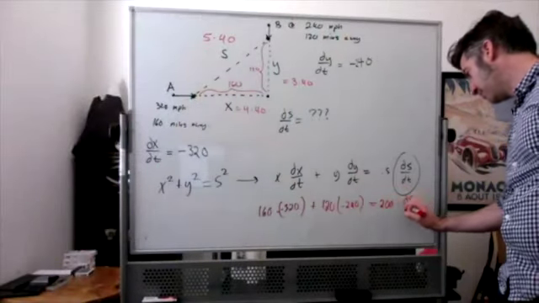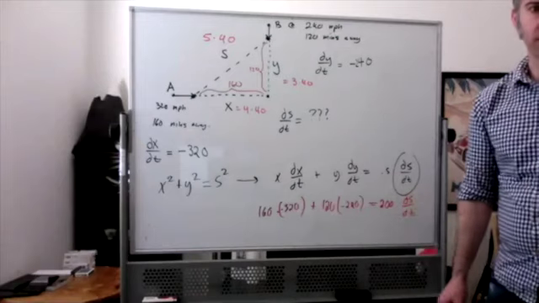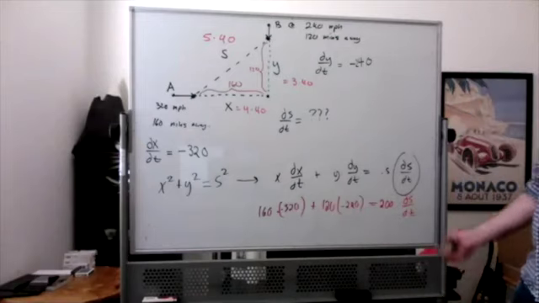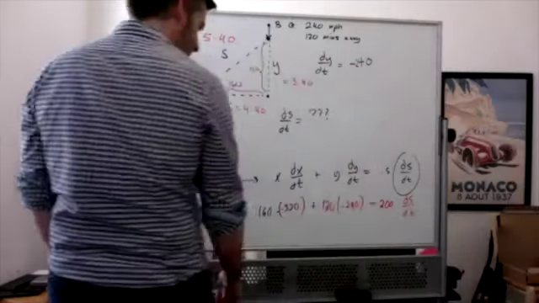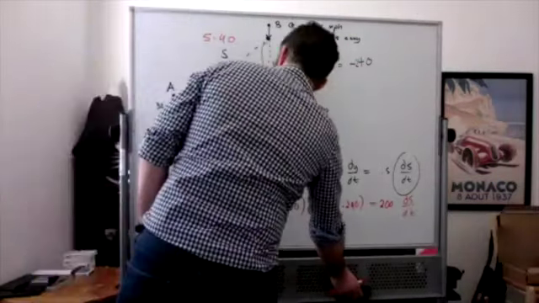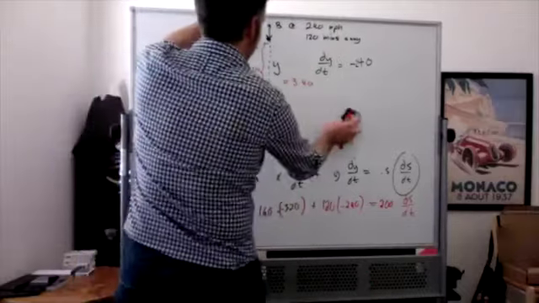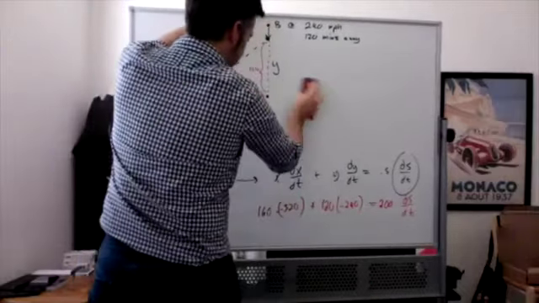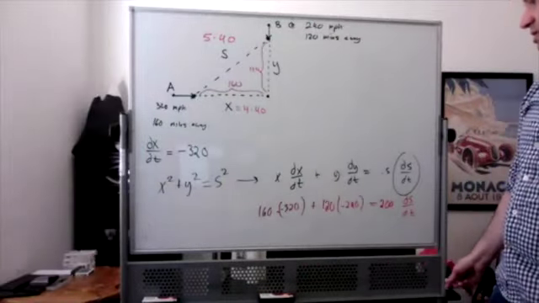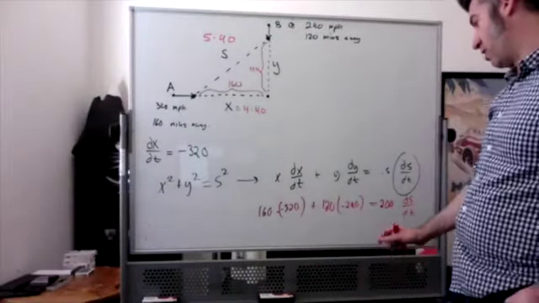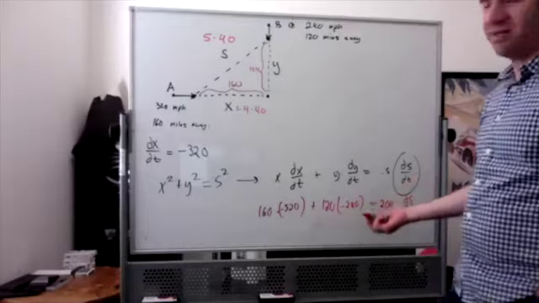Times ds/dt. And then to find the answer, we have to multiply that. I don't want to do the division here, but I guess I will. So let's divide everything by 200. Actually, that's going to work out okay.